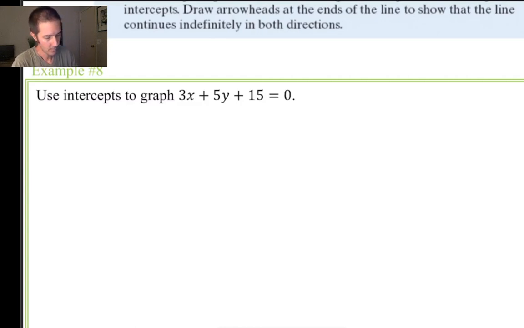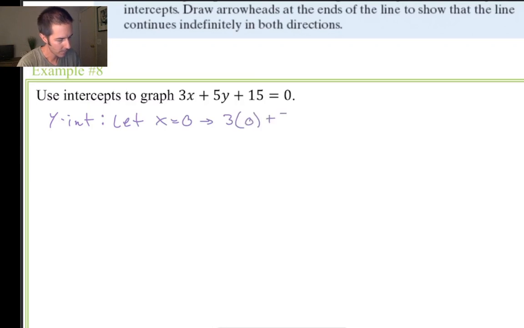So first, the y-intercept. If it's the y-intercept, we're on the y-axis, and that means we have an x value of 0, so we will let x equal 0. So we have 3 times 0 plus 5y plus 15 equals 0.